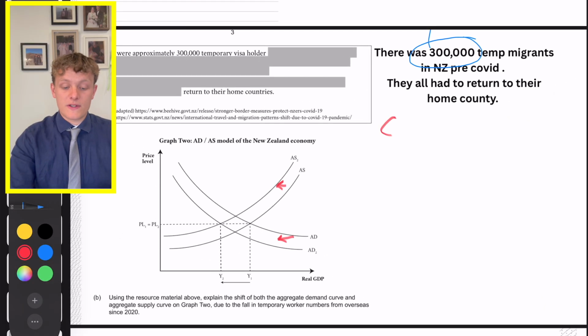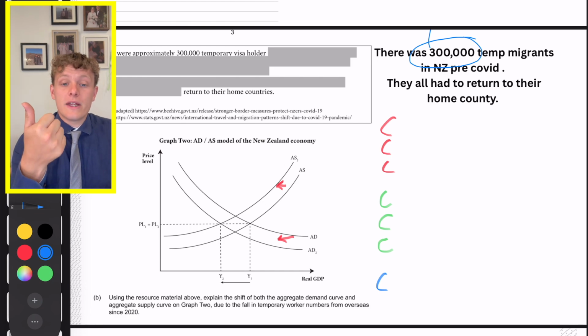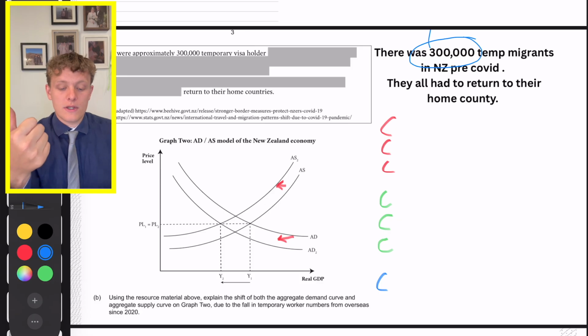And we can just do the same formula, C, C, C, and then C, C, C, and then an overall conclusion. So cause, let's do AD first again. Less consumers, as there's 300,000 less customers in New Zealand, or 300,000 less households in New Zealand. Component: this will cause consumer spending to decrease.